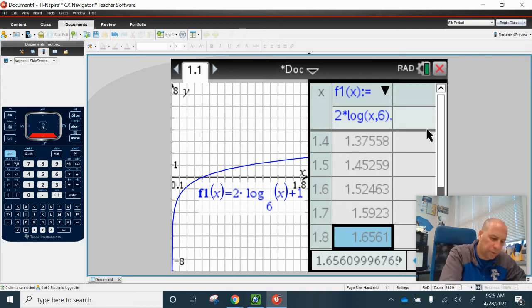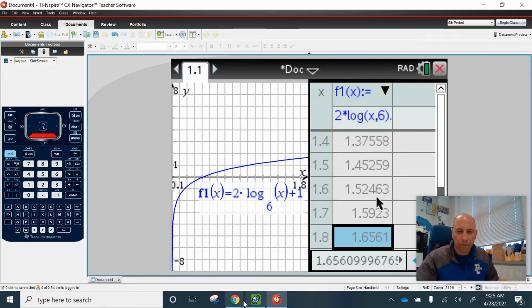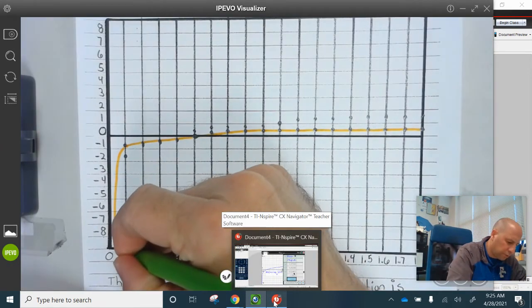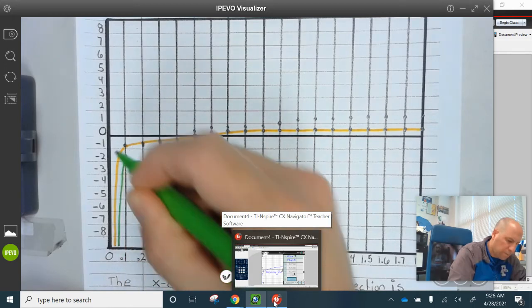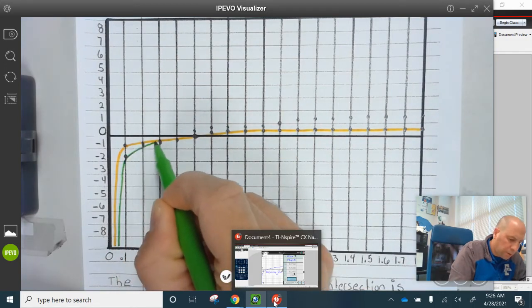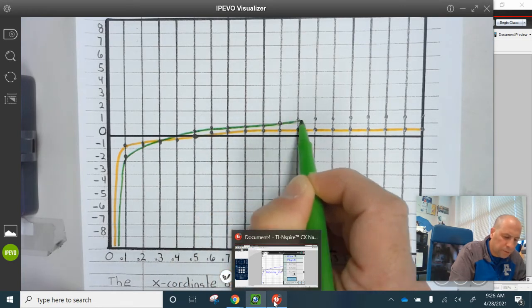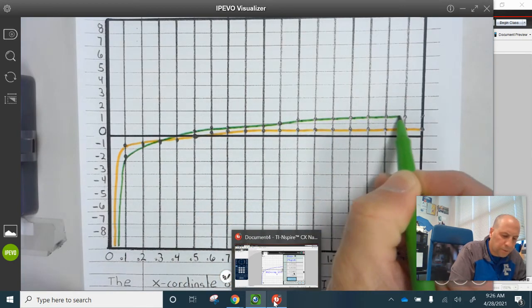And 1.8 is 1.6. All right. So we know that this falls along the asymptote, and it goes up through those points.